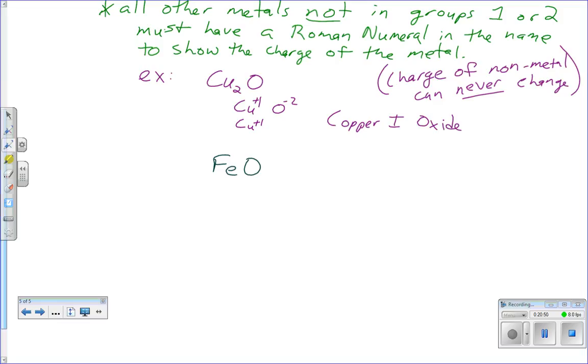Well, in this case, hopefully somebody in the room speaks Spanish and understands why I said this one's kind of ugly. In this case, again, the oxygen has to be -2. So if the oxygen is -2 and there's only 1 iron there to balance it out, then that iron has to be a +2. So this would be iron 2 oxide.